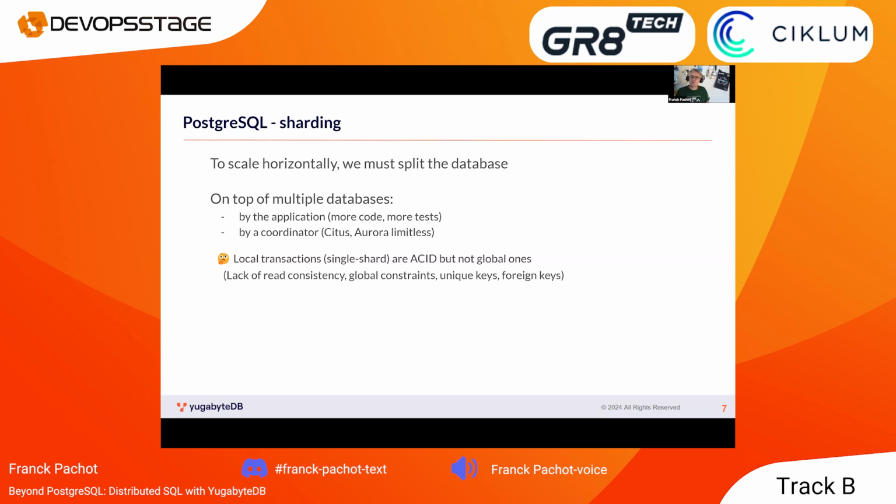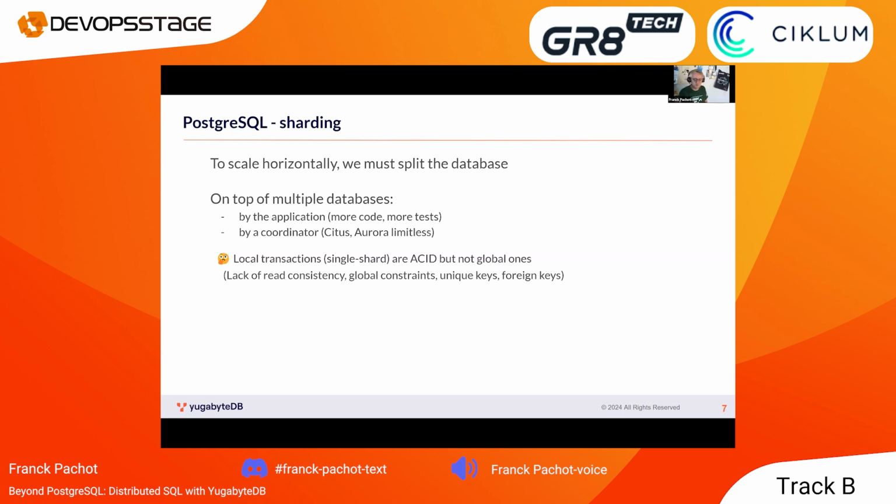You are looking at the orders, and the orders concern different customers that are on different shards, and you want to see the sum of the amount of orders for the last week, and then you do a cross-shard query. But then, because you have split the database, you don't have the ACID properties at global level. So you lack read consistency, meaning that maybe it will read a state from a shard that is not exactly the same point in time as the state of another shard.